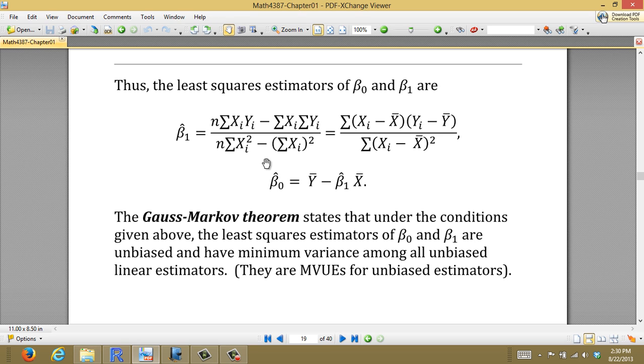In other words, they're MVUs, using the standard shorthand for minimum variance unbiased estimators. Among all unbiased estimators, these are the estimators of beta naught and beta 1 that provide you with the smallest variance. So at least according to some criterion, these are going to be the best estimators you can possibly find.